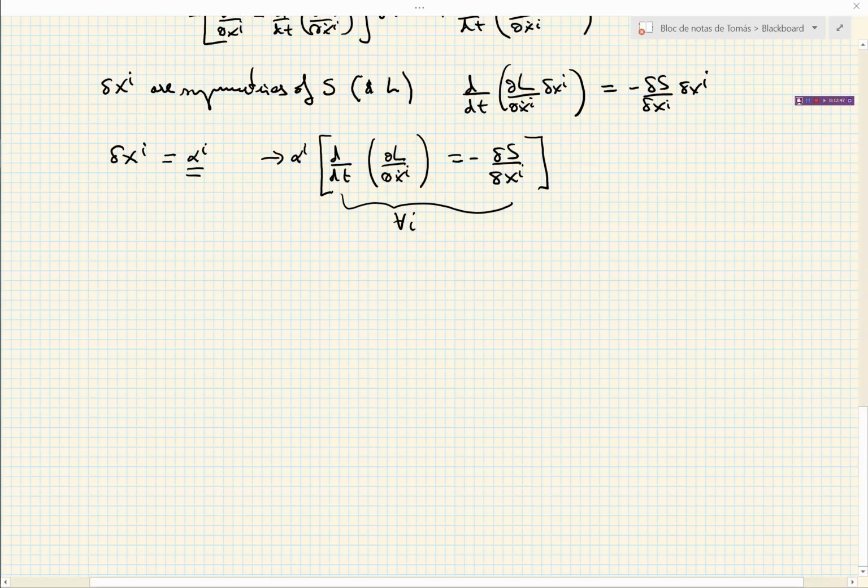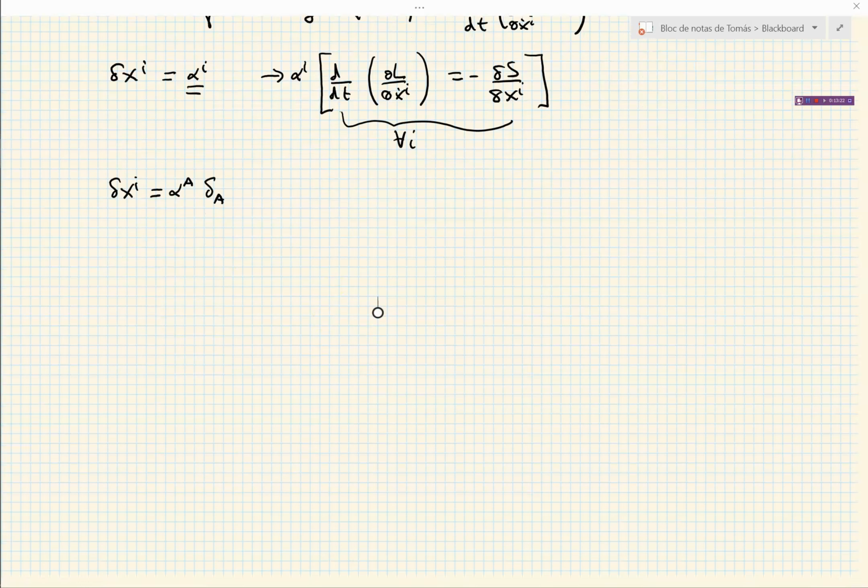In general, this is too simple. There are the alpha i's, and they do not multiply anything. But in general, what you are going to find, and we will see an example soon, is that these delta xi's are some parameters, not necessarily with this index i, but with an index a, which labels the independent parameters of these transformations, whatever they are, and some factors which are independent of the xi's.